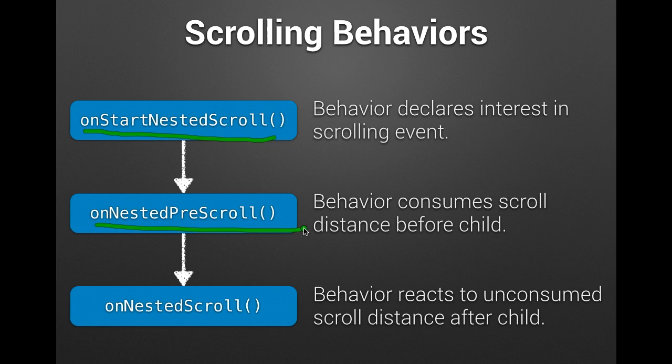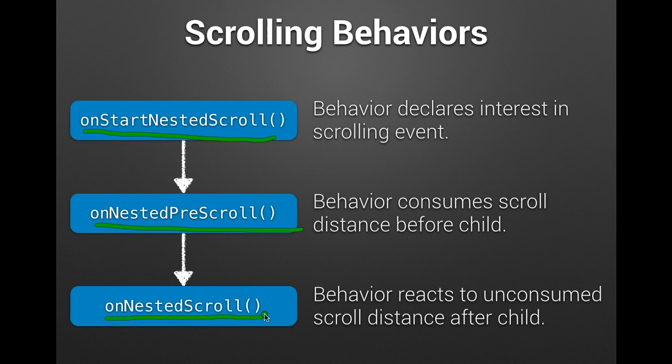And then you have the opportunity to take the whole gesture or ignore it, or just respond to the fact that it's happening and do something completely different, which is one of the examples that I have. But at this point, the recycler view hasn't done anything. Then, after the recycler view does its own scrolling, you'll get this callback that says, okay, the view is scrolled this much, and based on the user gesture, there's actually more distance in here if you'd like to do some more scrolling.